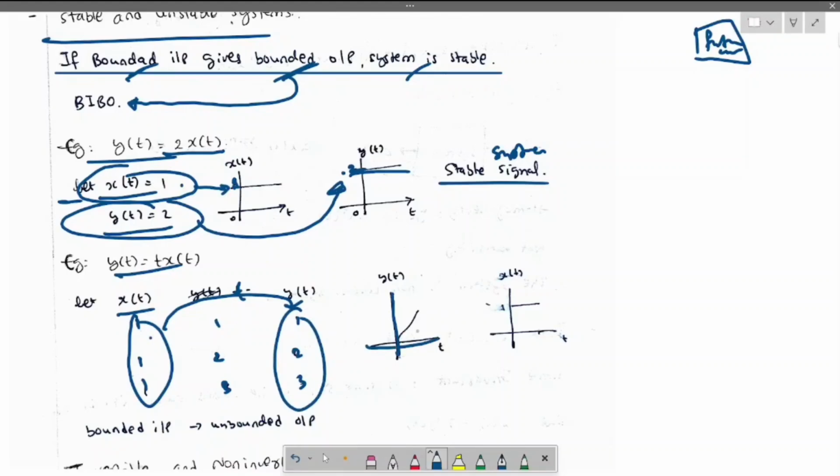See, if we plot the graph, x of t will be 1, but for y of t, based on time, the graph is increasing. So for a bounded input we are getting an unbounded output, so that's why it is known as a non-stable or unstable system. Okay.